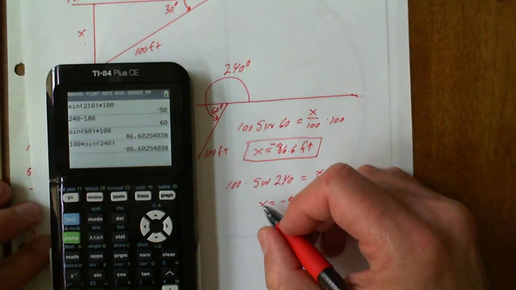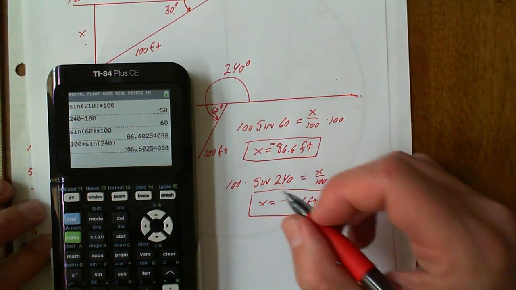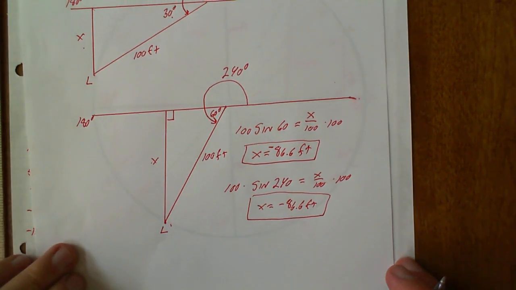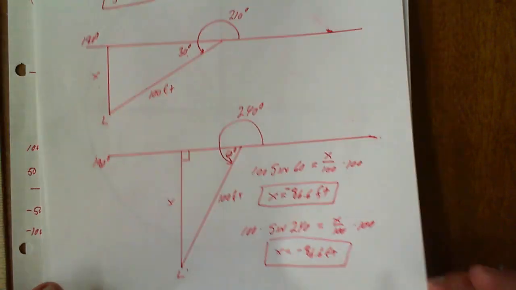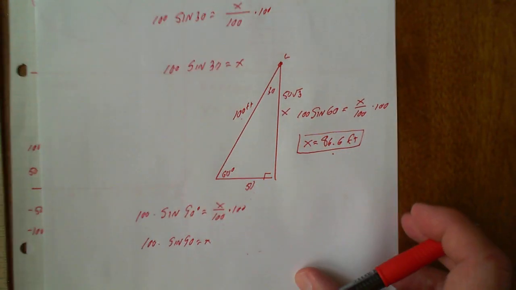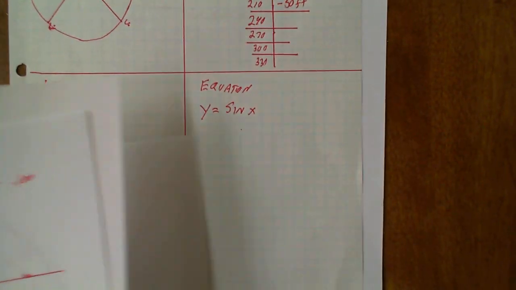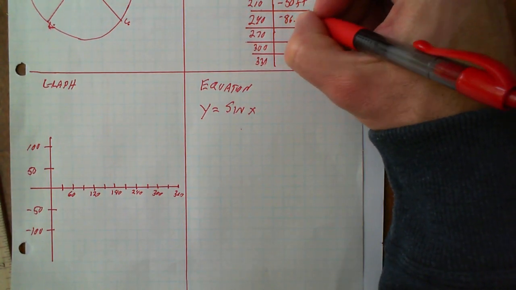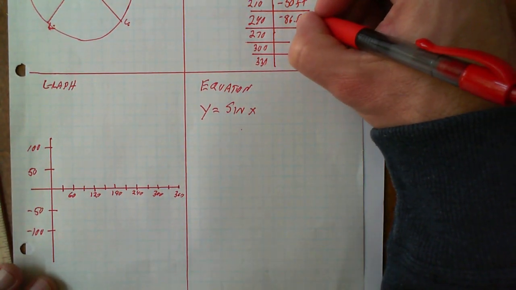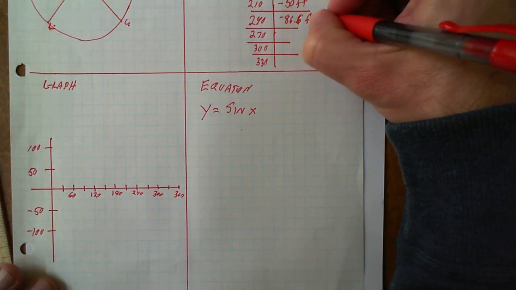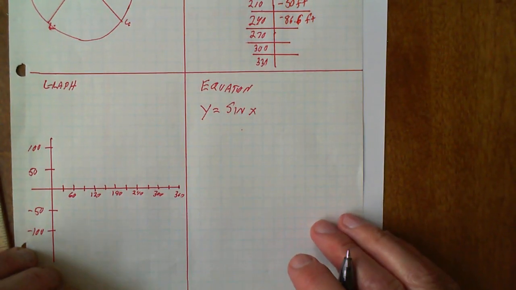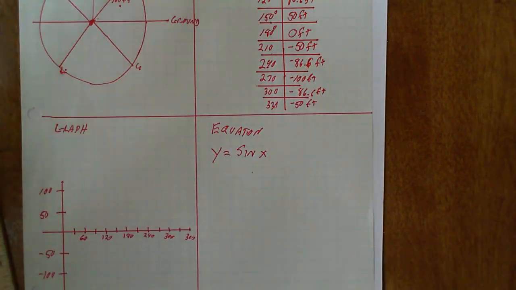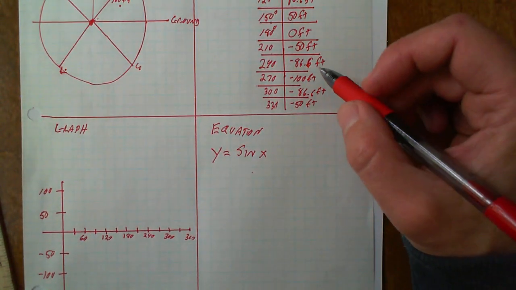Now, you're going to start seeing a pattern here. I want you to start filling out the rest of the table. Here we go, I'm going to put in negative 86.6 feet at 240. Fill out the rest of the table on your own, and then we'll see if you get the same as me.